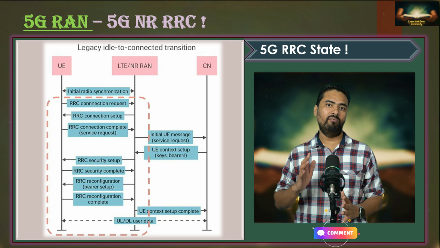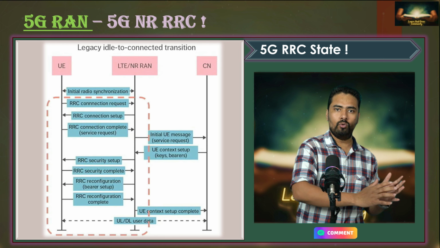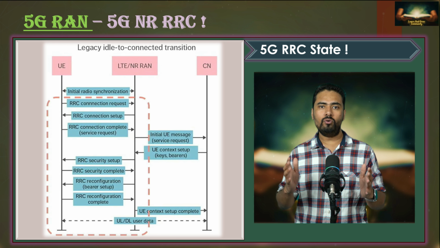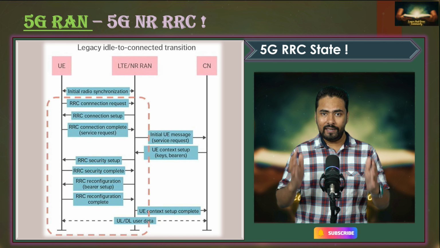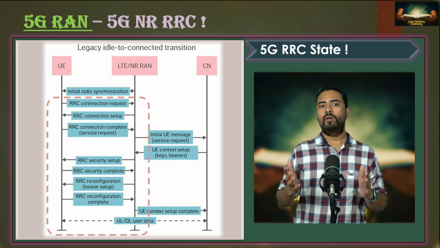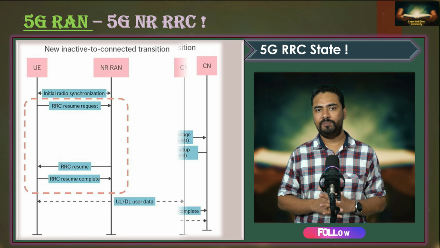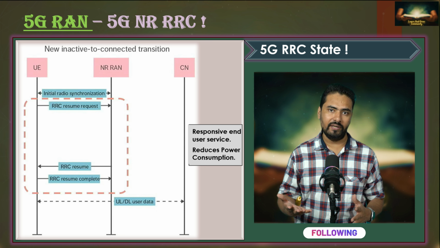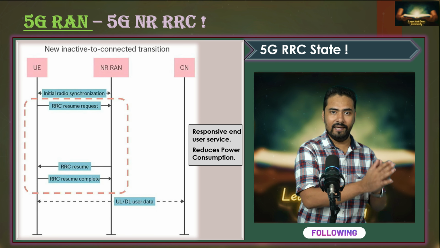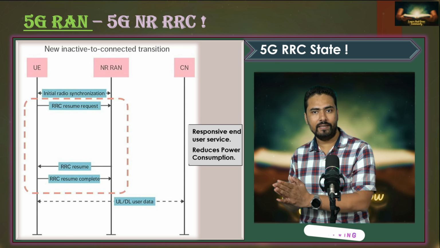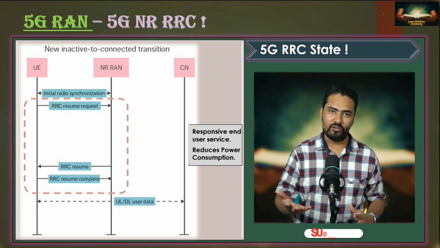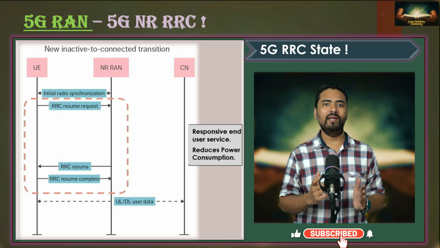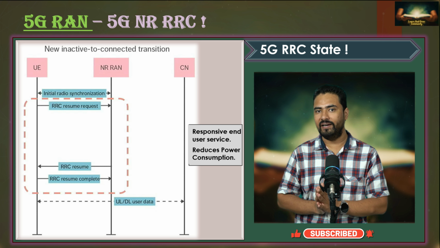In LTE, when we go from RRC Idle state to RRC Connected state, it took 7 messages, as you see in this picture here. So it takes longer to connect, which means more delay. But with this new RRC state, when we move from RRC Inactive state to RRC Connected state, it now takes just 3 messages. And we have the RRC connection established very quickly compared to the legacy LTE network.